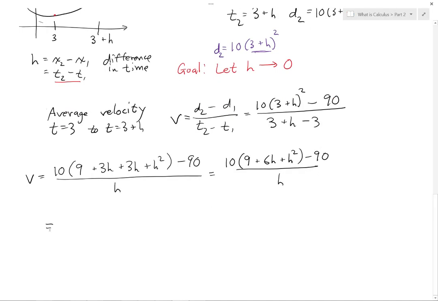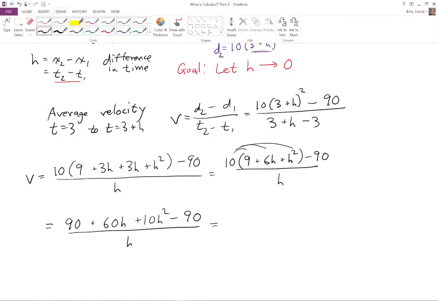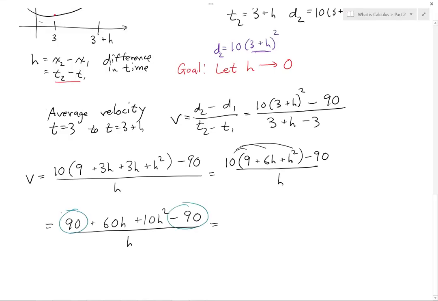Taking the distributive property gives 90 plus 60h plus 10h squared minus 90, over h. Fortunately, and this is not a coincidence, the 90 and the negative 90 cancel.